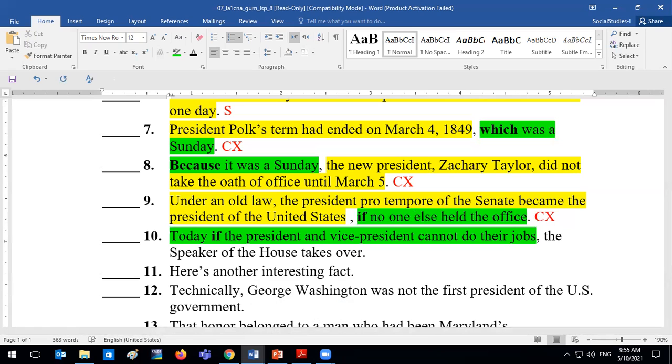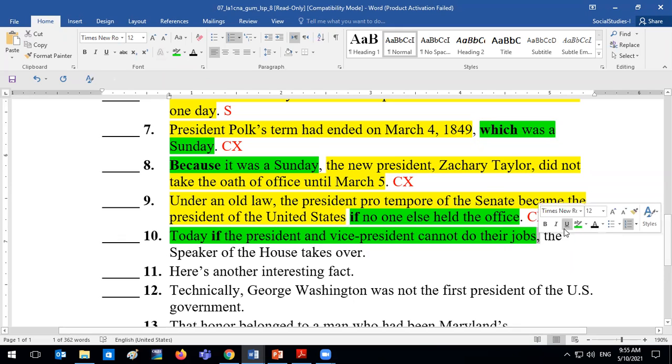We don't have to, because our subordinate clause that starts with a subordinate conjunction came at the end of the sentence. So when it comes at the end, we do not need to insert a comma. However, if it comes at the beginning, like in number 10, we need to insert this comma, as you guys see here. Okay, this is why we have this comma. So again, today, if the president and vice president cannot do their jobs, this is my subordinate clause.